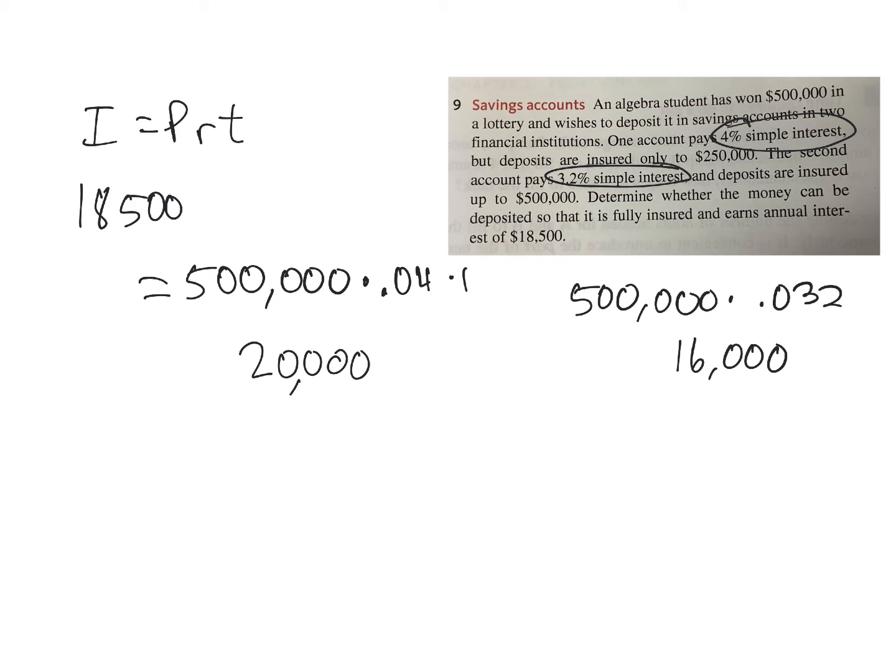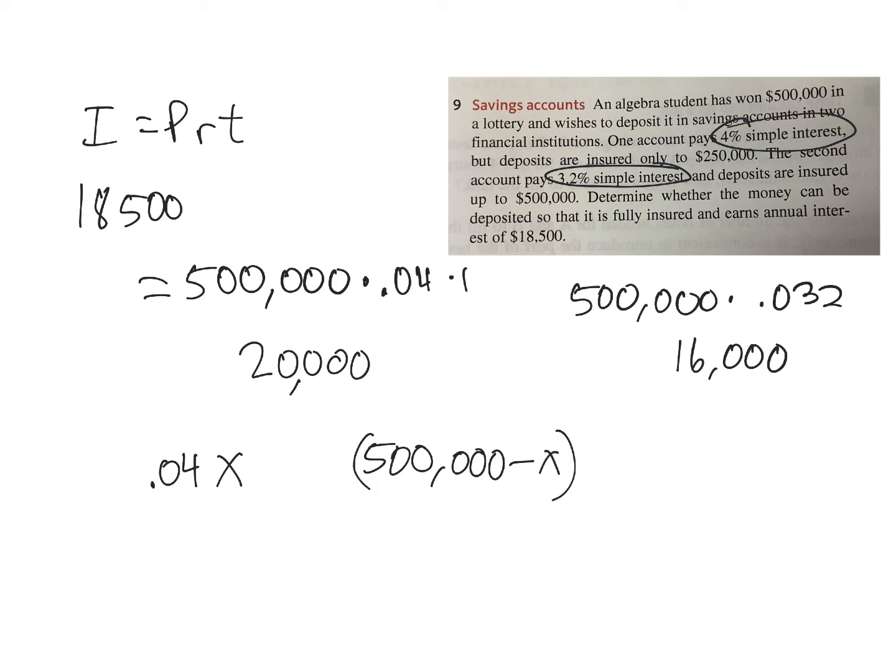You have to be able to set this up. So let's say you're investing X amount of dollars in the first bank at 4%, which is 0.04. All right, so 0.04 times the first bank. All right, now the rest, okay, so the rest is going to be 500,000 minus what you invested in the first bank.